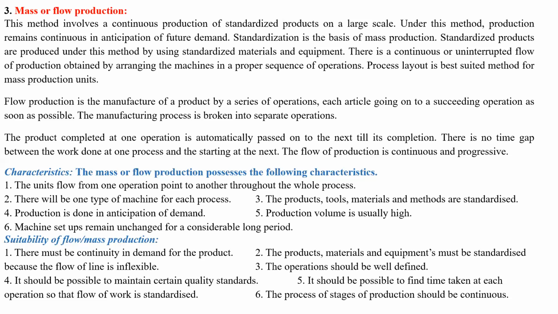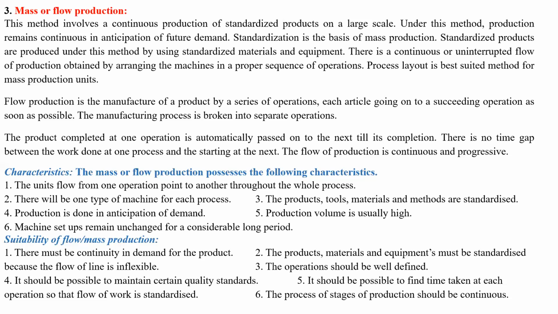It suits where the operations are described very clearly, meaning every operation has a clearly defined pattern. It is also suitable for an organization where every stage of production is continuous, as a flow. Then we can use mass production.